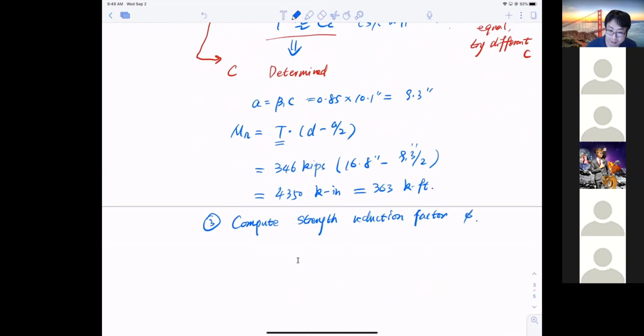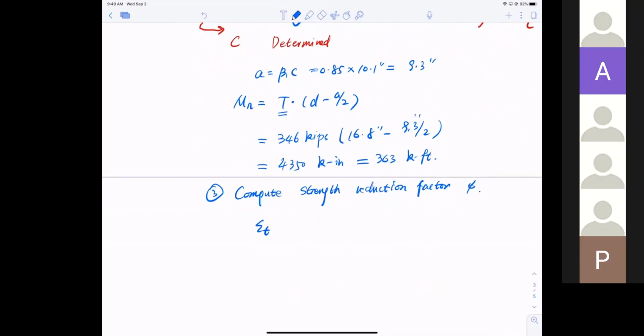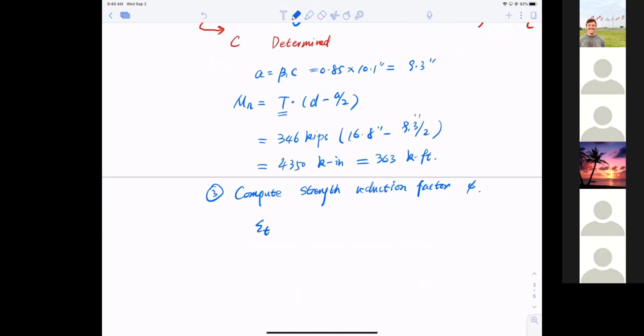Okay, how do we do that? Based on the strain, right? We base it on epsilon t, which is the strain in the last row of steel. So a very simple equation here: we use d t minus c, which is the compressive zone, divided by c, and multiplied by epsilon cu.